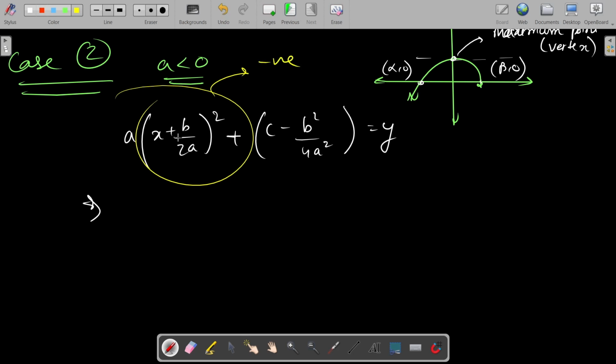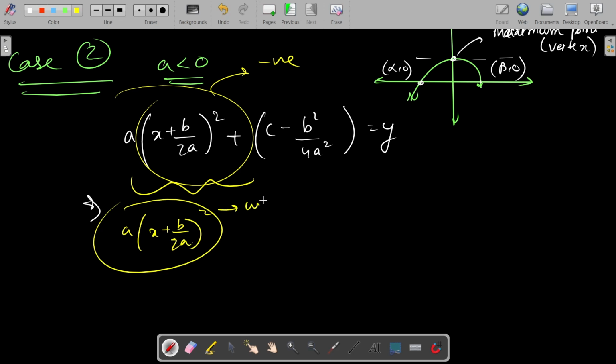Why? Because x plus b by 2a whole square is going to be positive at all times when real roots exist for the quadratic equation, and a is always going to be negative. So this will in turn become a negative term. a times x plus b by 2a squared will be negative when a is less than 0.